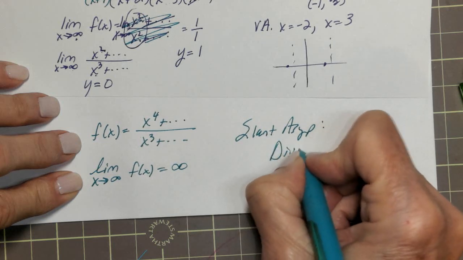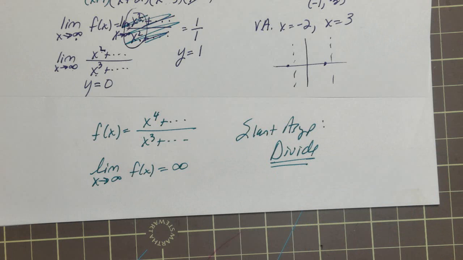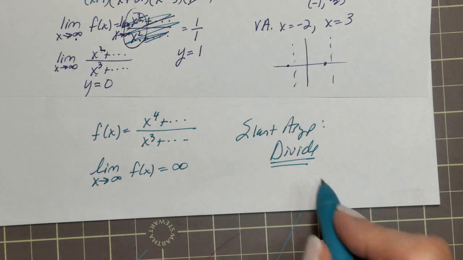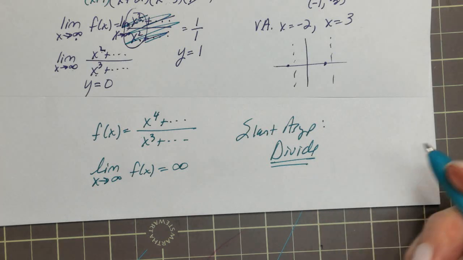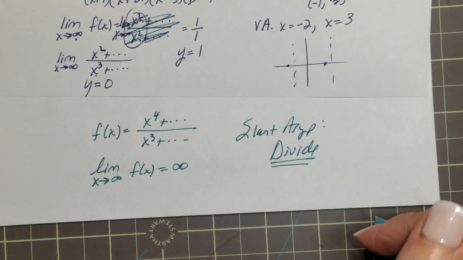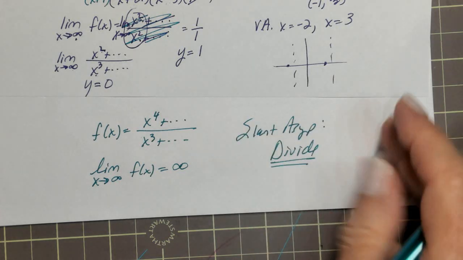You divide. Synthetic division if you can for speed, or you can always use long division, but you have to divide. When you divide, if you get a remainder, it does not affect the equation of the slant asymptote.